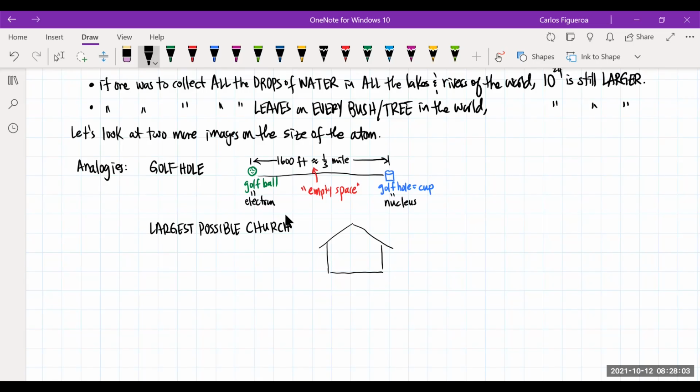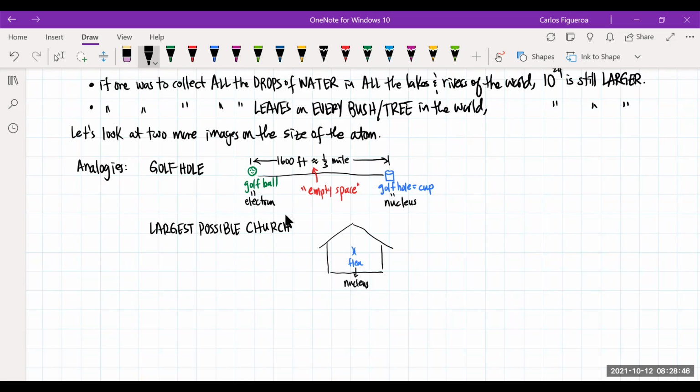So to get a sense of the size of the atom by volume, imagine right here at the center of this massive church, you put this little tiny flea. And that flea would correspond to the nucleus. Very, very tiny.